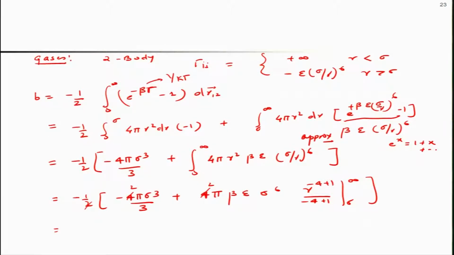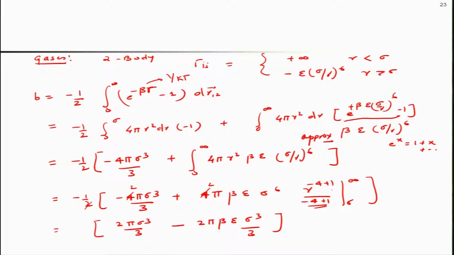So, what we have is 2 pi sigma cube by 3, and this will become minus 2 pi beta epsilon sigma cube by 3. Okay. So, 3 comes from here, and this will cancel out the 6 with 3 and 3 from here.